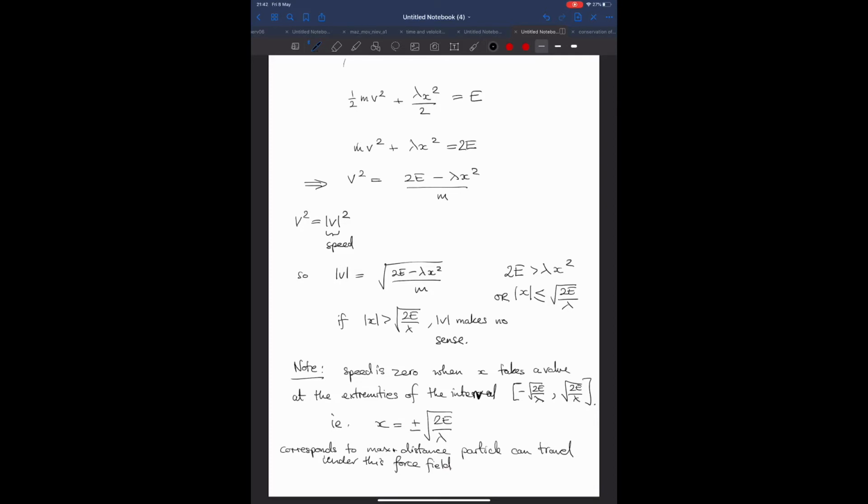And this corresponds to an oscillating motion. So it also corresponds to the oscillating motion of a mass on the end of a spring.